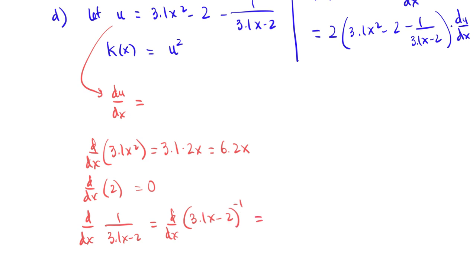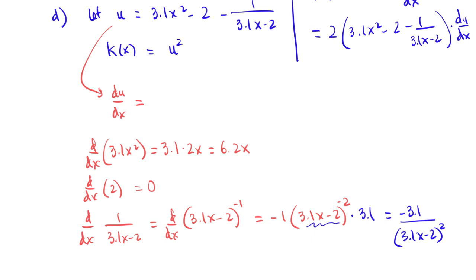Using the chain rule, we have negative 1 times (3.1x minus 2). Lower the power by 1: negative 1 minus 1 is negative 2. But don't forget that we multiply by the derivative of the inside function: the derivative of 3.1x is 3.1, and the derivative of 2 is 0. And so this is negative 3.1 over (3.1x minus 2), the quantity to the power 2.